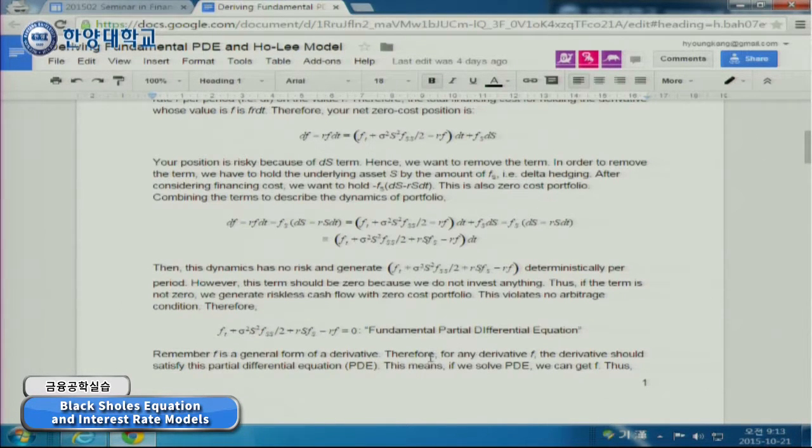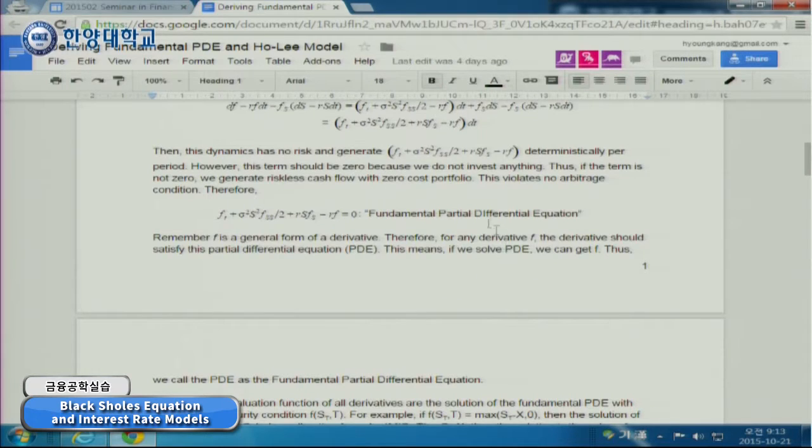This means that if we solve this partial differential equation, we can get f. Thus, we call this the fundamental partial differential equation, because we can get any derivative price by just solving this PDE. So it's fundamental. It's very important.